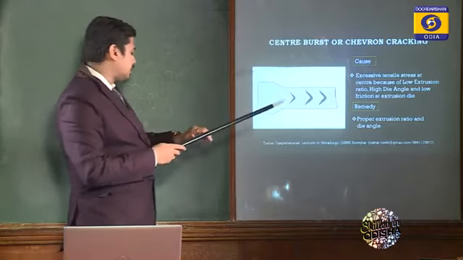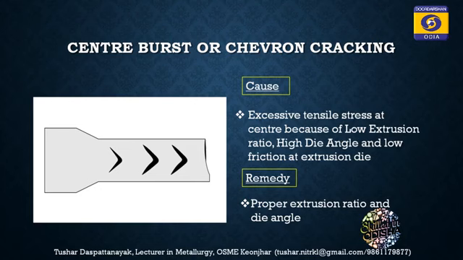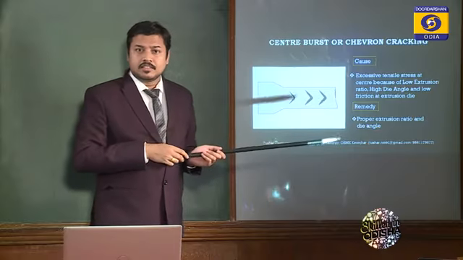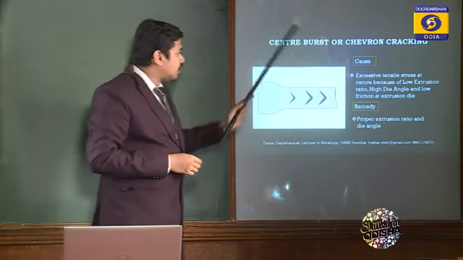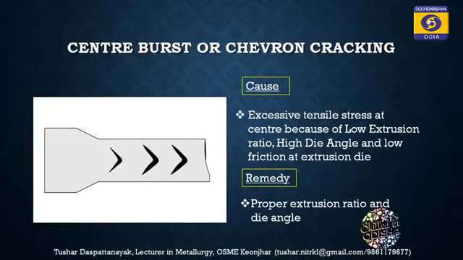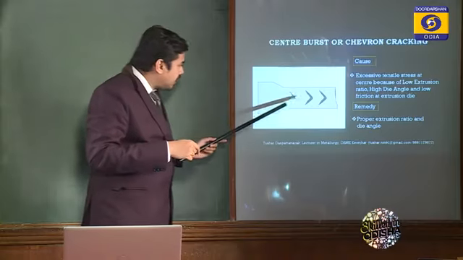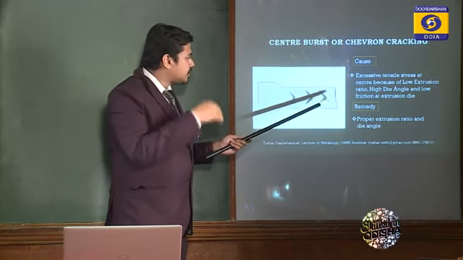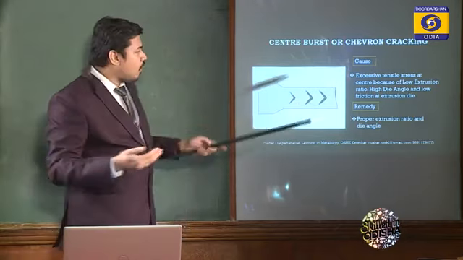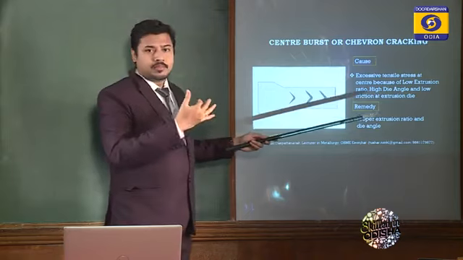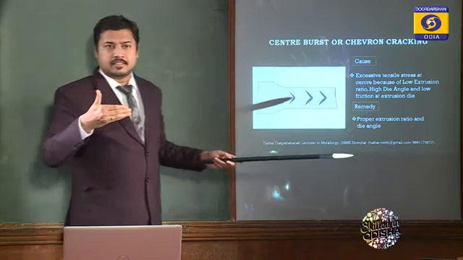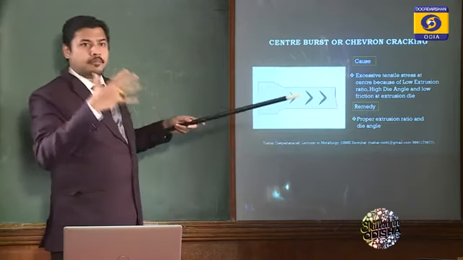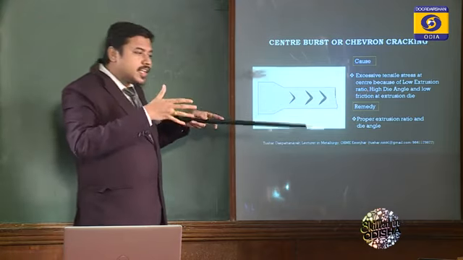Next, we'll go for center burst or chevron cracking. This is a very, very important defect in case of extrusion. First is this chevron. Chevron means V-shaped crack. During extrusion, if friction is higher or extrusion ratio is low or die angle is higher, that means the billet tries to gust through the center.